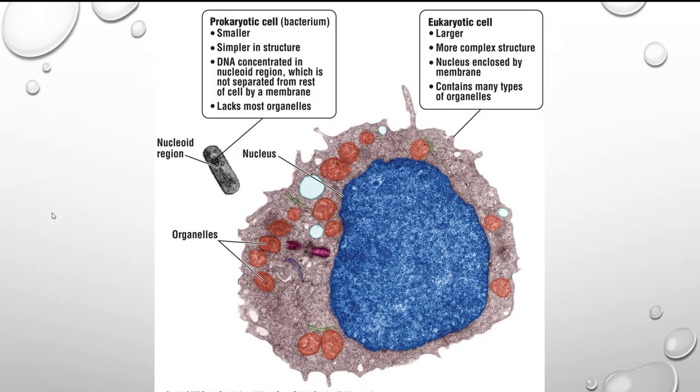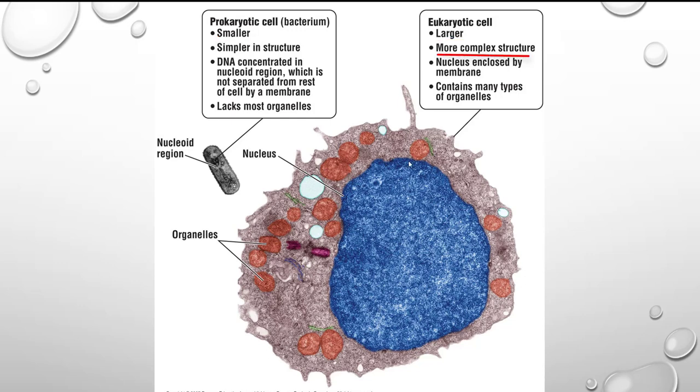Now here is another view of a prokaryotic cell versus a eukaryotic cell. First off, you should see right away one big difference, the size. You can see the eukaryotic cell is definitely a lot bigger than the prokaryotic cell. Also, the eukaryotic cell is a lot more complex.